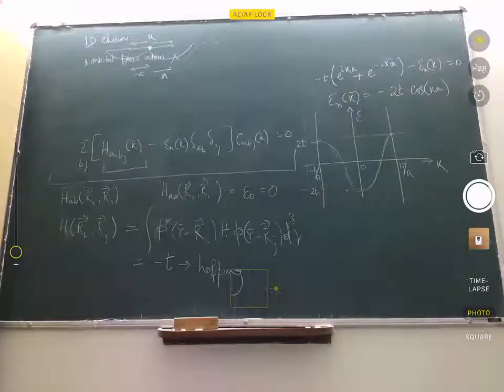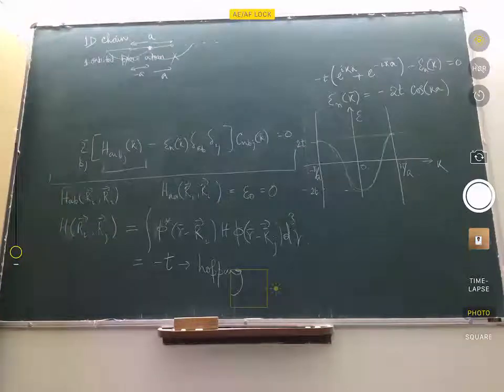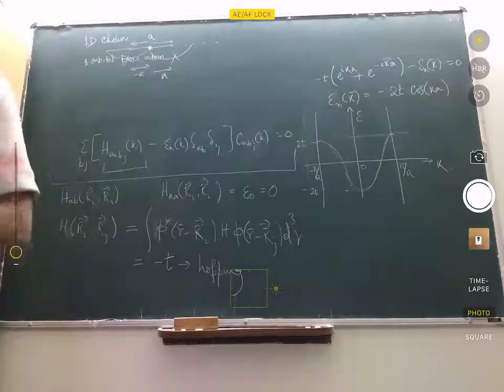Now what we have considered so far is a linear chain and one orbital per atom. What we have not said is the number of valence electrons per atom.